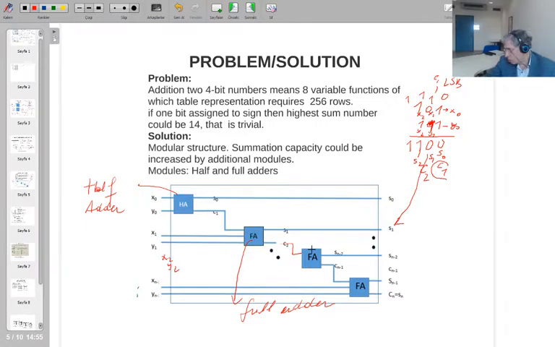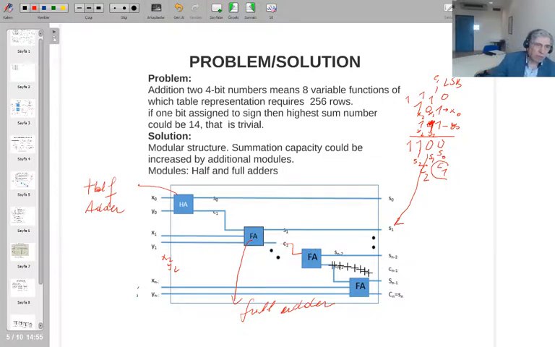So we transferred the problem now from a confusing, complex realization by using the minimal functions to the realization of blocks. These blocks are very simple circuits or very simple functions that we're going to design.